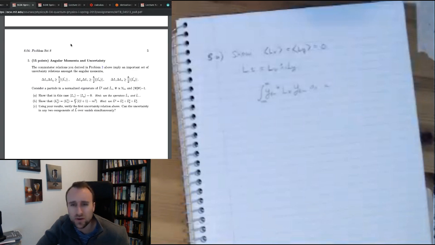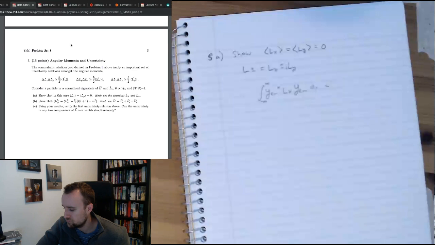How do we use the lowering operator here? What would be the trick here to use the lowering operator or raising operator?